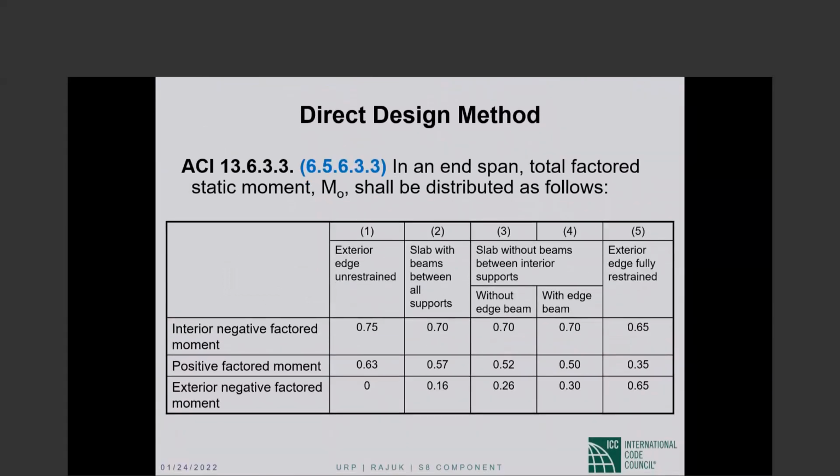If it is an end span, total factored static moment m sub 0 shall be distributed as follows. Now it is not that simple, obviously. Let us take a particular case, then it will give you a good feel.